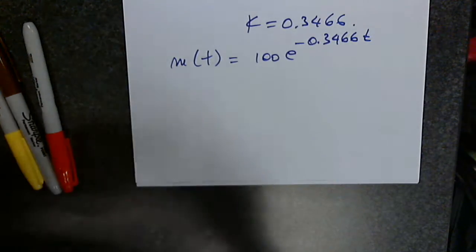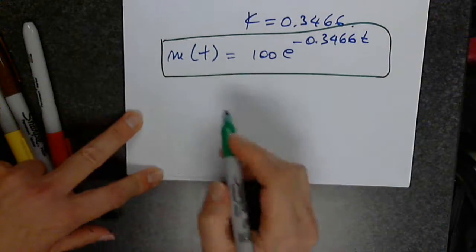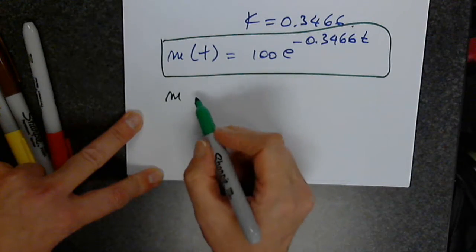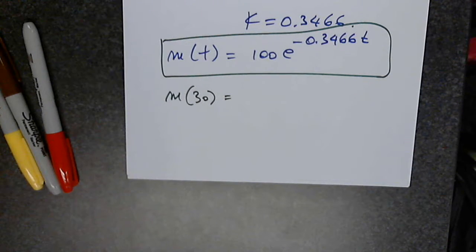And now I'm asking you, can you tell us how much is left in 30 years? We have the model. No secret whatsoever. What will you determine? M of 30. So go back to the calculator.